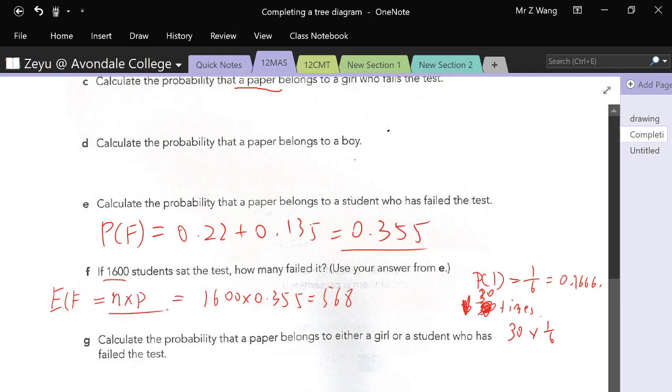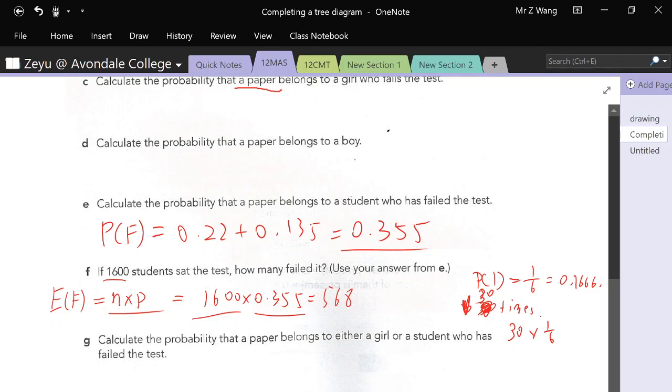So we call it NP. In math, NP is the expected value. Just keep that in mind. N is the 1,600 and the probability is 0.355.